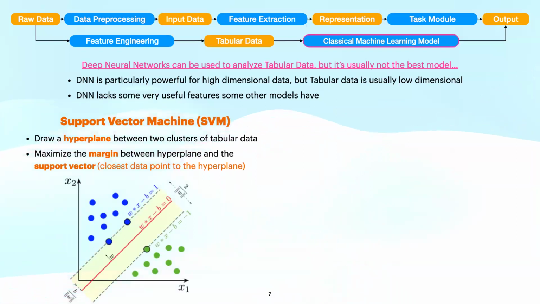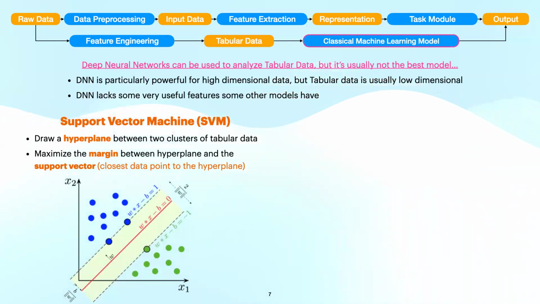So how can we analyze tabular data? What kind of model should we use? Well, you can use a deep neural network as we discussed in the last lecture, but it's not the best model. It's possible to use it, but first of all, deep neural networks are particularly powerful for high dimensional data, so they're really good at analyzing waveforms.